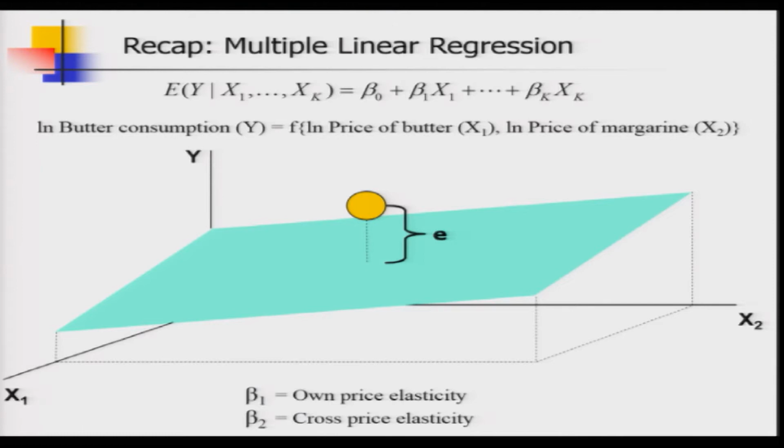So my linear regression model will be y i equals beta naught plus beta 1 x1 i plus beta 2 x2 i, where all the variables y, x1 and x2 are in logarithm form.